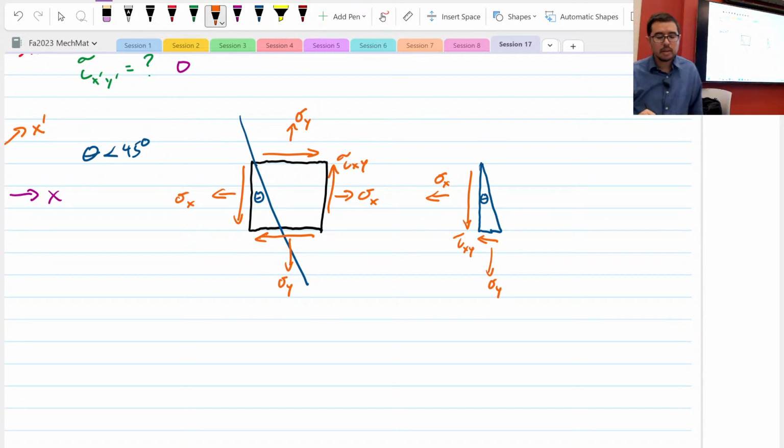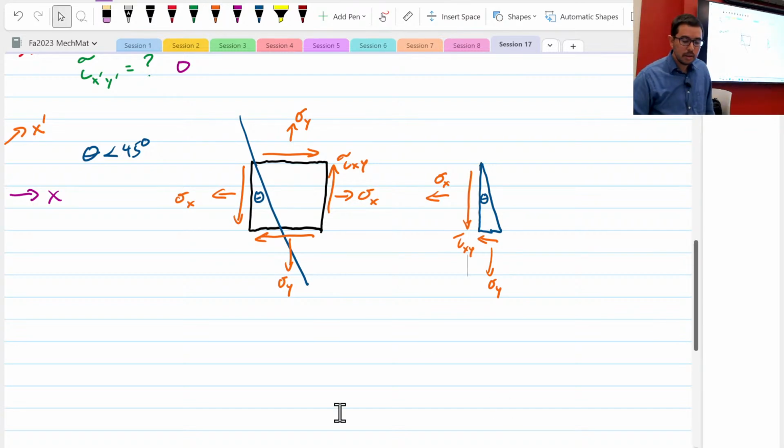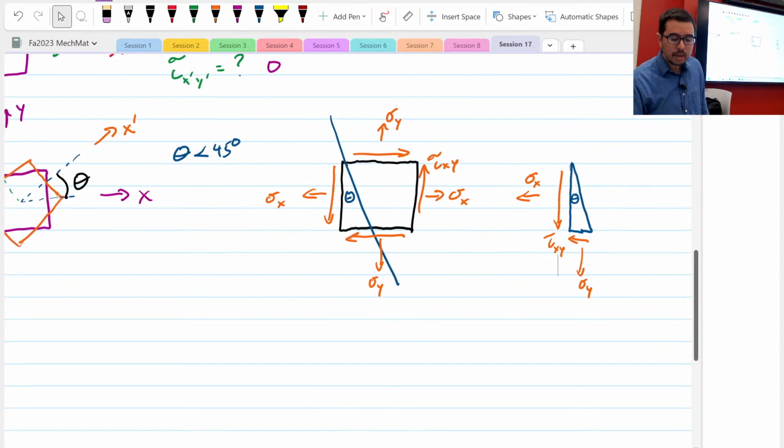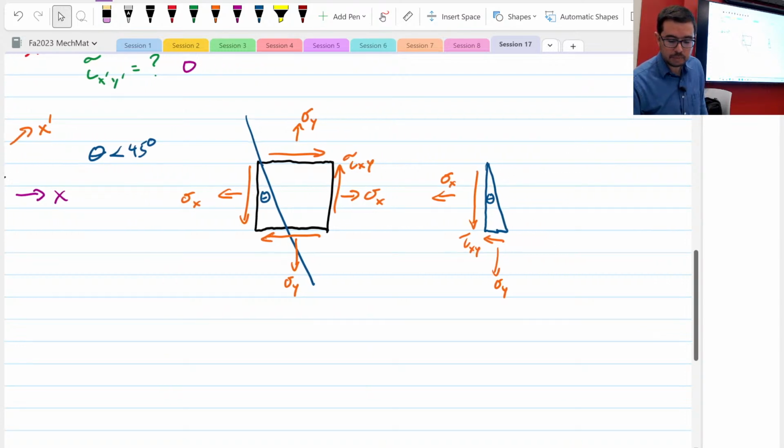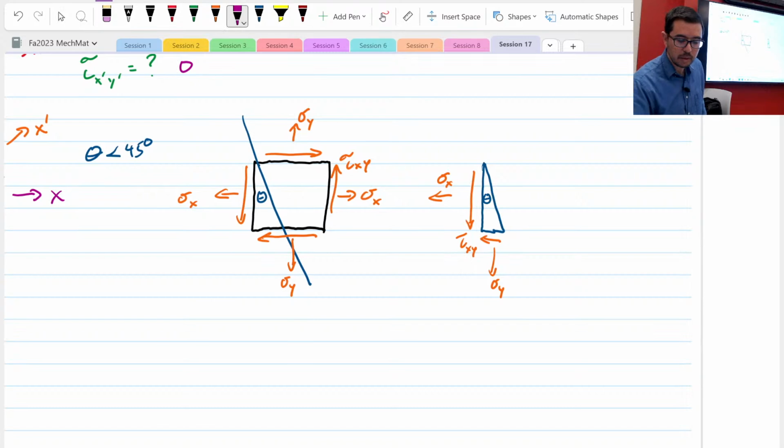Okay. So what's the point of this? What's the point? Well, guess what? Now, this face, remember it's exaggerated, what's coming out of this face? What's normal to this face? X prime. Yeah, x prime, right? So we've got sigma x prime coming out, right?